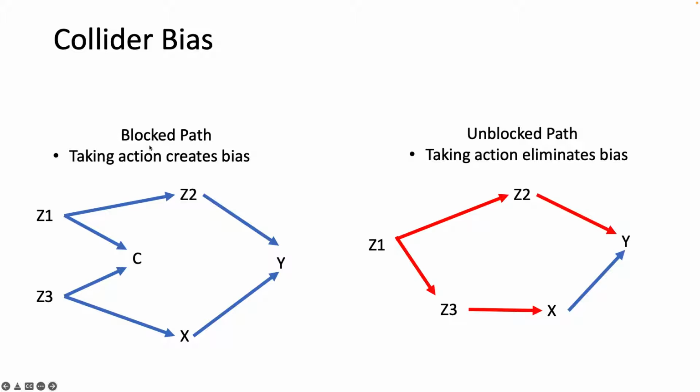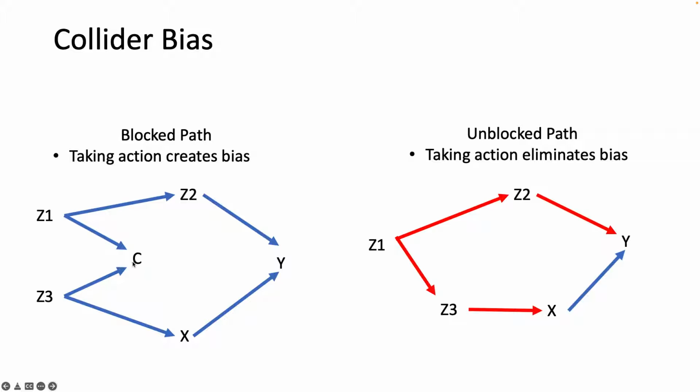You might see blocked and unblocked in the literature referring to DAGs. This is an example of a blocked path, where we haven't touched anything yet. We're just leaving it how it is.